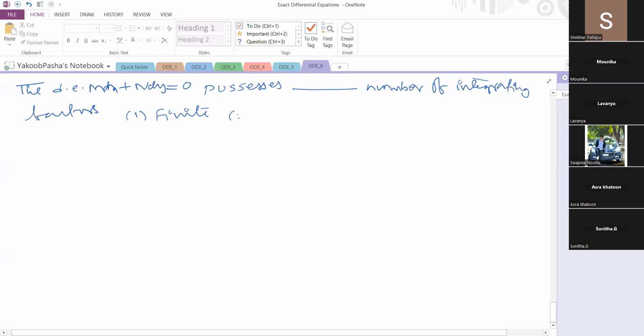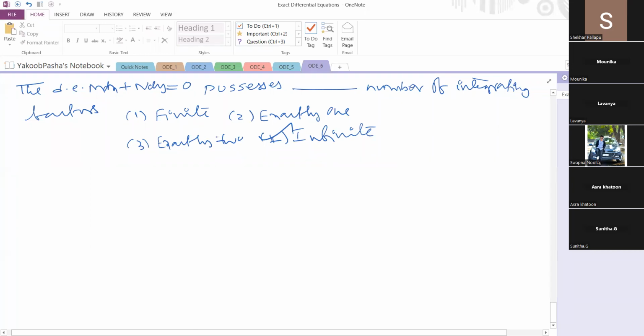Second option, exactly 1. Third option, exactly 2. And fourth option, infinite. Infinite is the right option. The differential equation M dx + N dy = 0 possesses an infinite number of integrating factors.